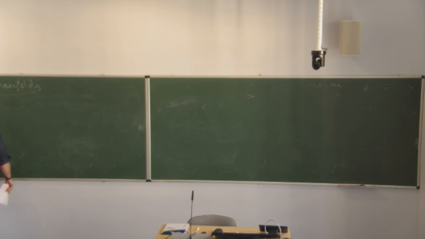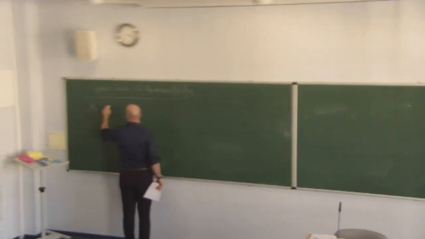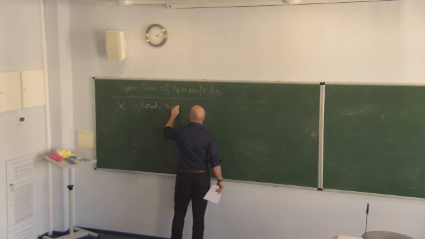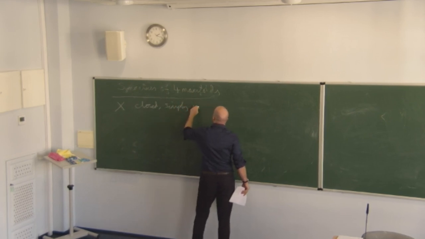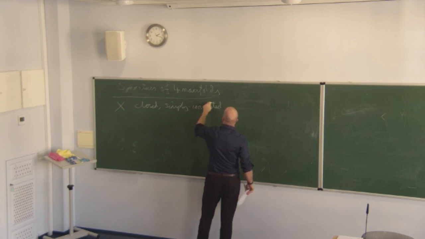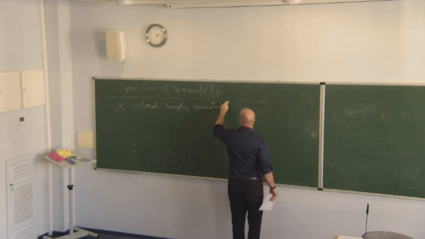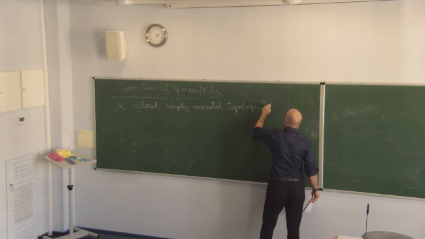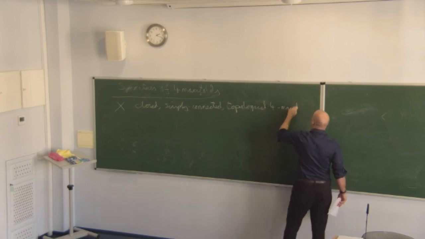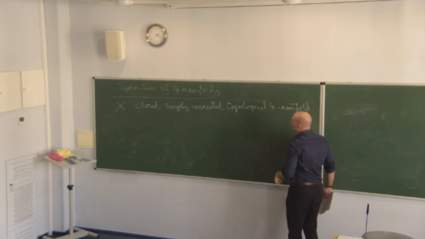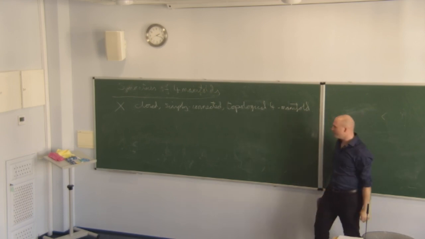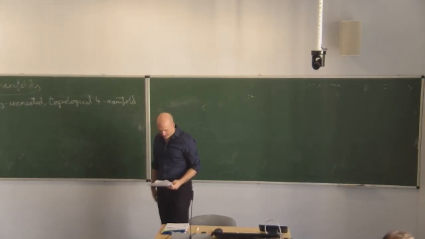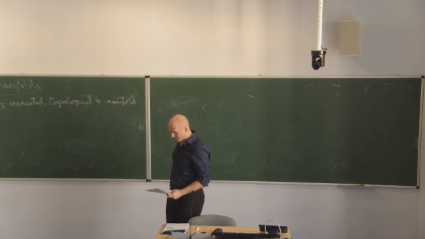So X is going to be a closed simply connected topological four manifold. That's just standing notation: if I don't say what X is, then it's one of those, although it may vary in time.